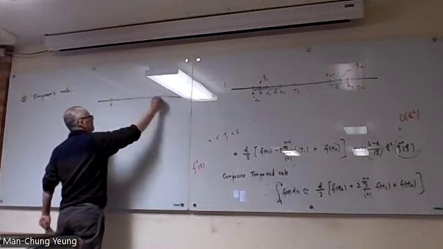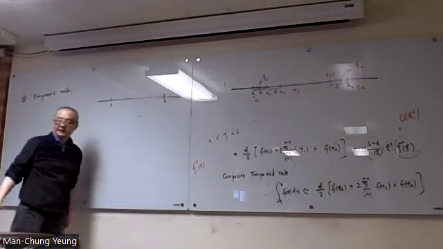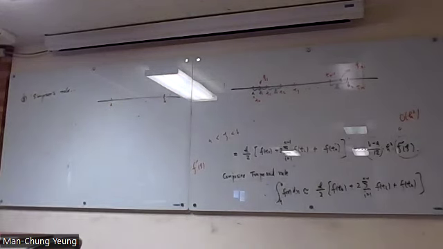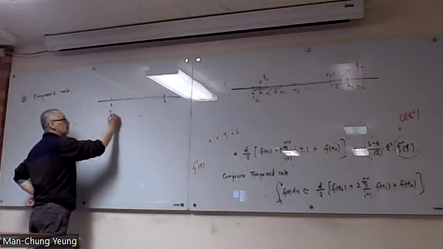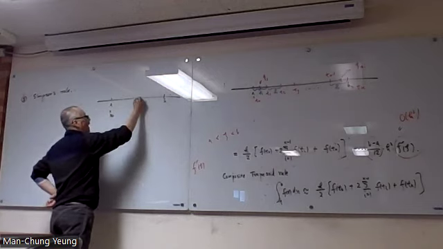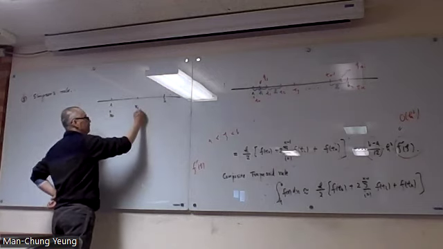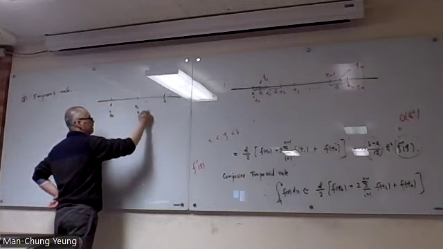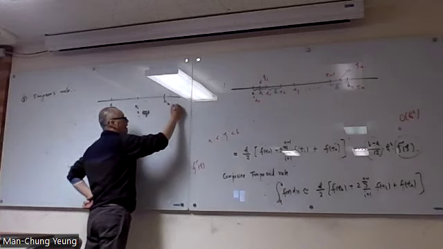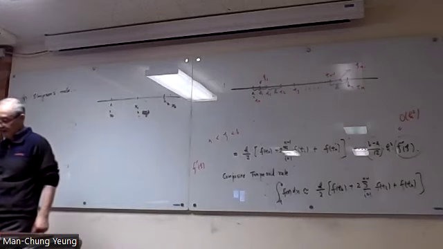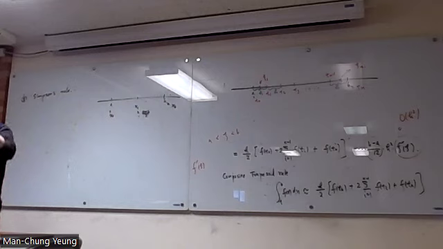Interval AB, right? Now, interpolation polynomial. Set x0 to be A. X1 the midpoint, A plus B over 2. This is x2. X2 is B. One more point, x3.